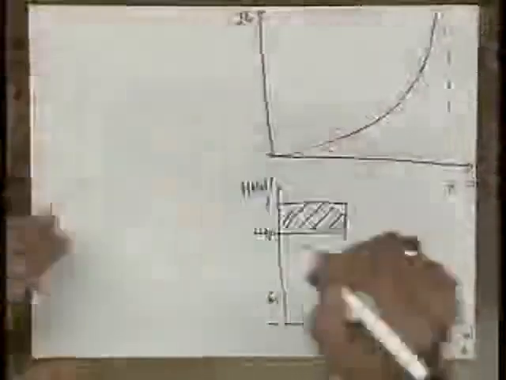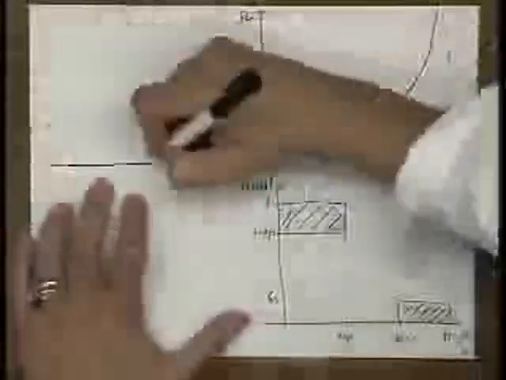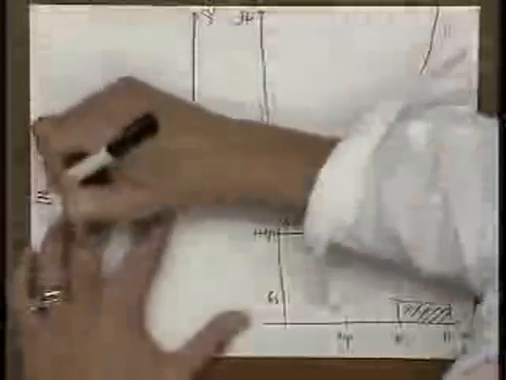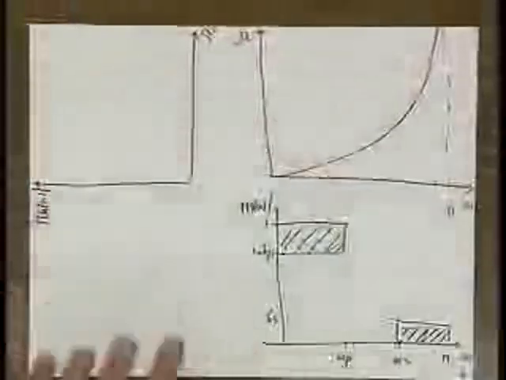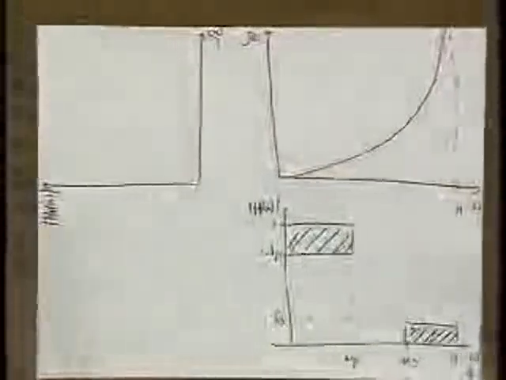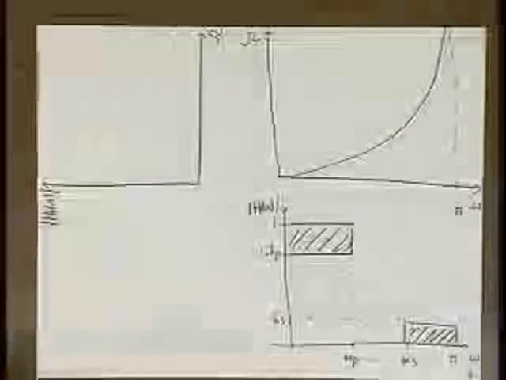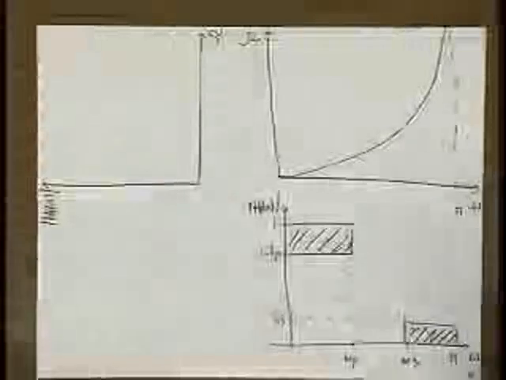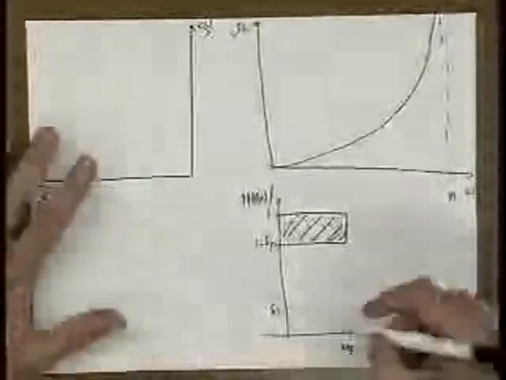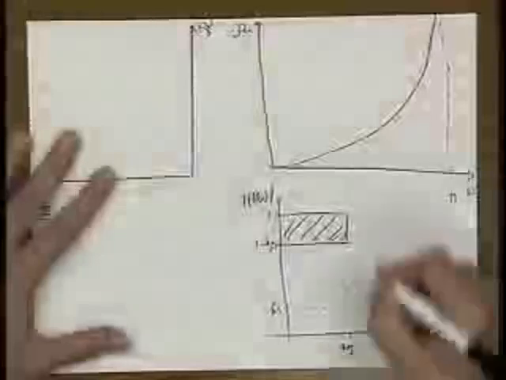Okay, what I meant to do is draw it like this. Okay, so that's H sub A of omega. And so let's just transform the frequencies. This is omega p.